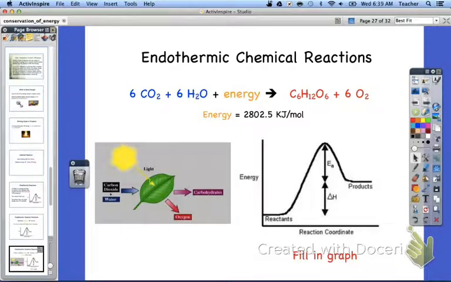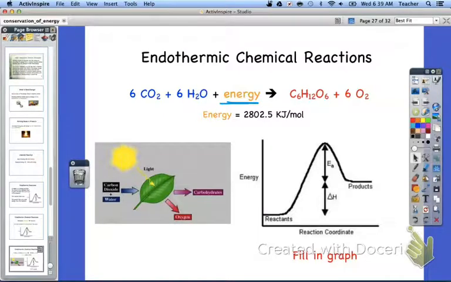So let's do a specific chemical equation, and it happens to be the reaction for photosynthesis. In that endothermic reaction, 6 CO2s plus 6 waters plus energy. Now in the case of a photosynthesis reaction, that energy comes from the sunlight, yields sugar, which is C6H12O6, plus 6 O2s. And the amount of energy required for that photosynthesis reaction to happen is 2,802.5 kilojoules per mole.